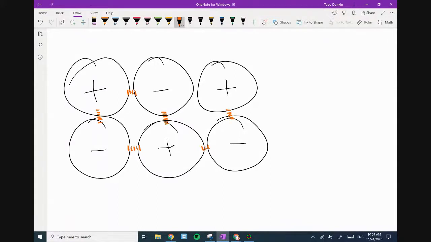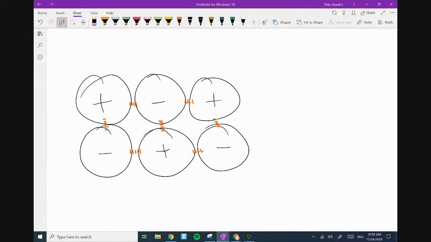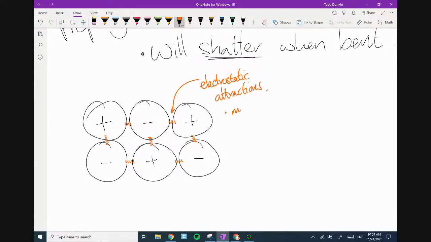I want you to realize they're not solid bonds. It's an attraction. These here are electrostatic attractions. There are millions of them. Millions. They're very strong.